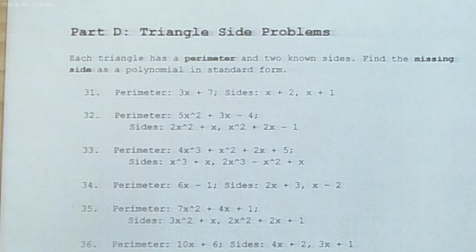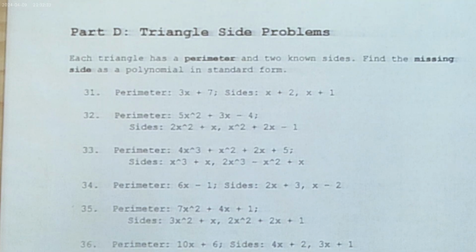If you've followed parts A through C of the review and you've been keeping up and doing just fine, then your grade's probably going to be secure. For parts D and E, this is what's going to get you secure plus and exceeds, starting with the triangle problems.